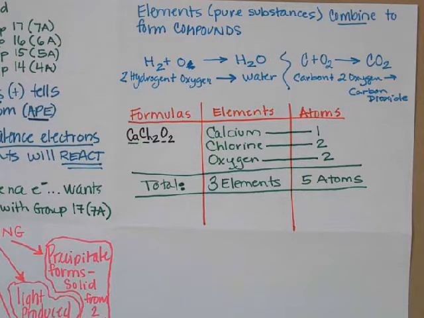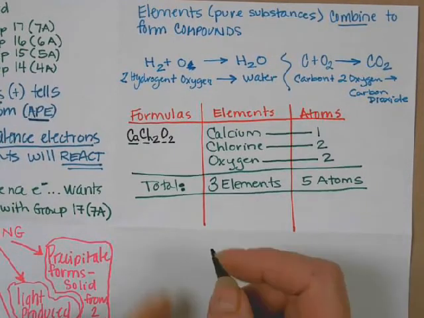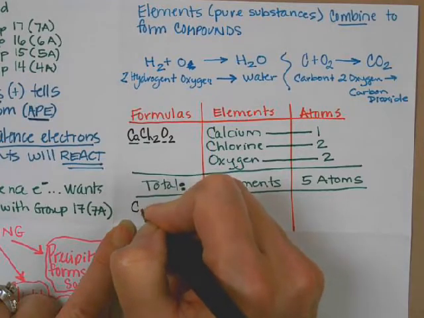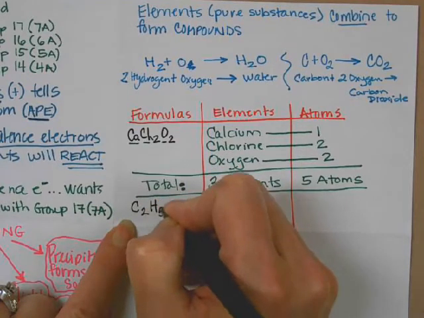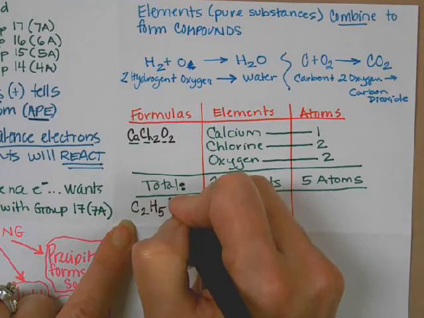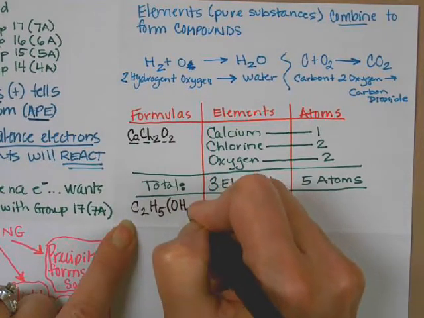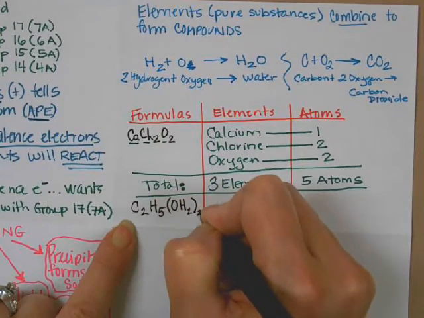So be prepared to answer these questions. I'm going to do one more. Let's do one with a double subscript because we need to be able to identify those as well. So the next one is going to be C2H5(OH)3.